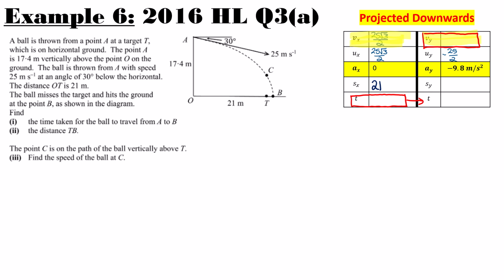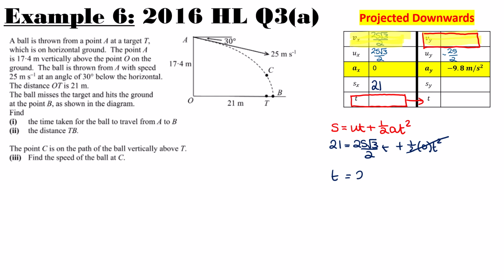So in the x direction, to figure out our T, we're going to use S equals UT plus a half AT squared. We have 21 is equal to 25 root 3 over 2 t plus a half times 0 t squared, which all disappears.